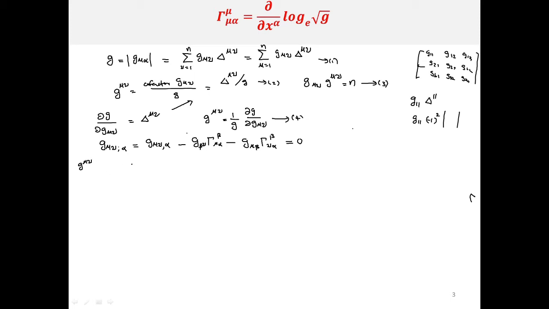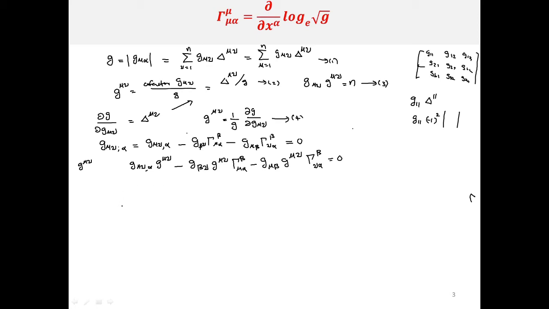When you multiply, the first term is g mu nu, alpha into g^mu nu, minus g beta nu g^mu nu gamma beta mu alpha, minus g mu beta g^mu nu gamma beta nu alpha equal to 0.